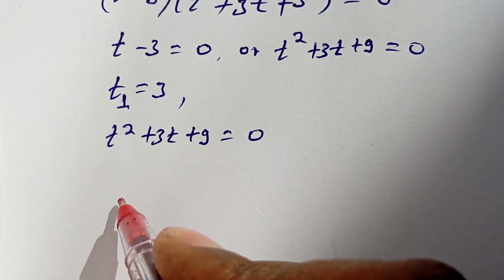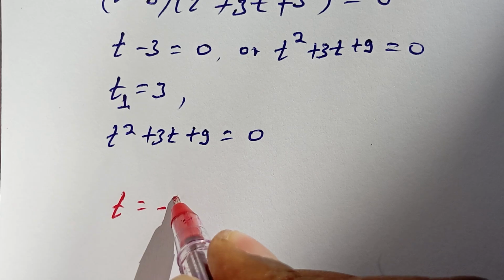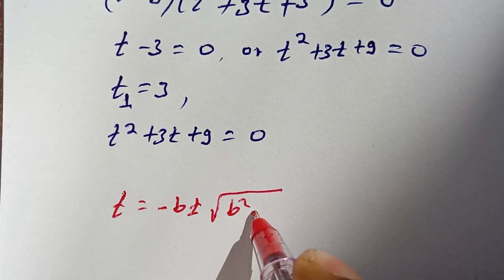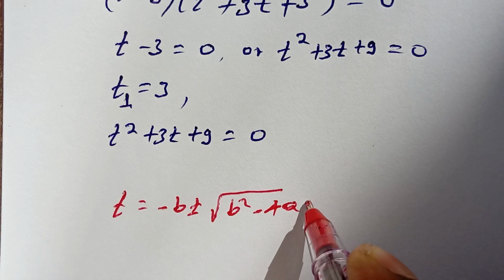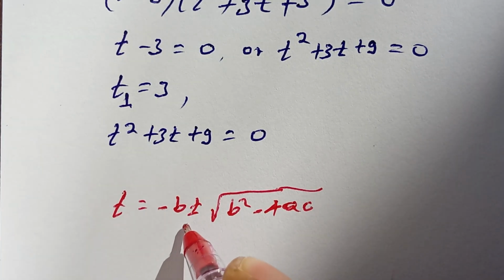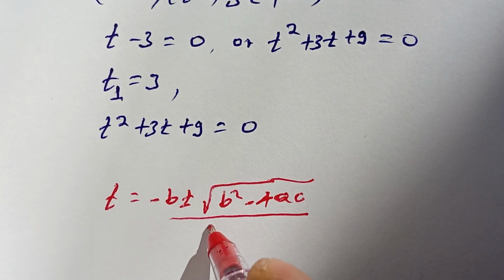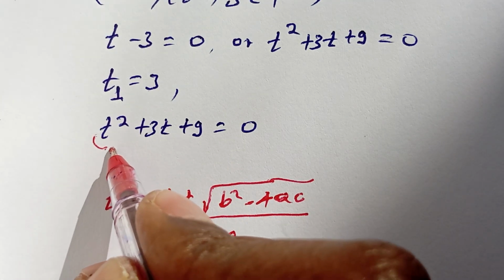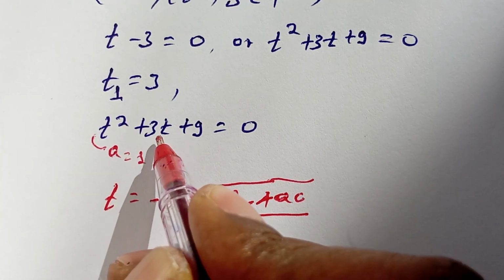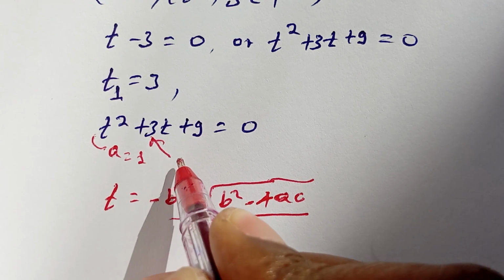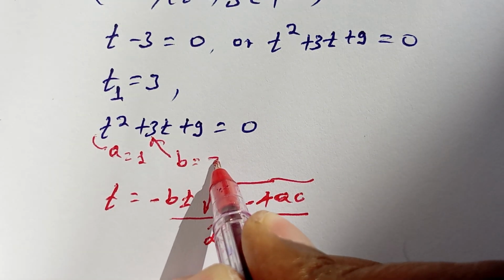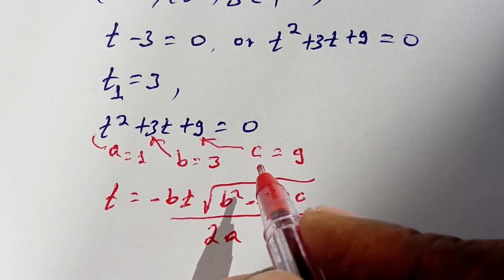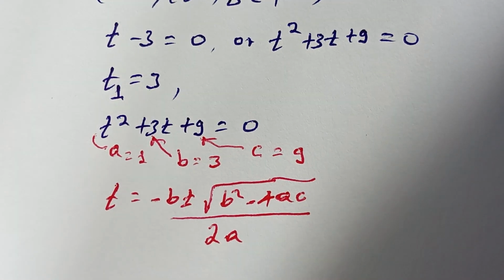Using the quadratic formula, t is equal to minus b plus or minus the square root of b squared minus 4ac over 2a. Thus a is equal to 1, b is equal to 3, and c is equal to 9.